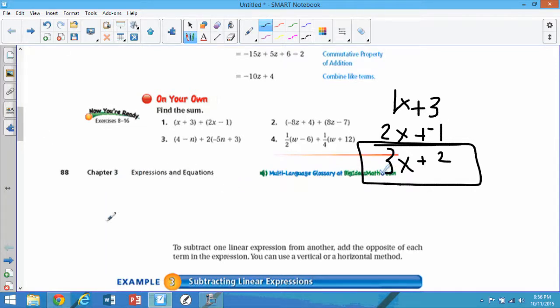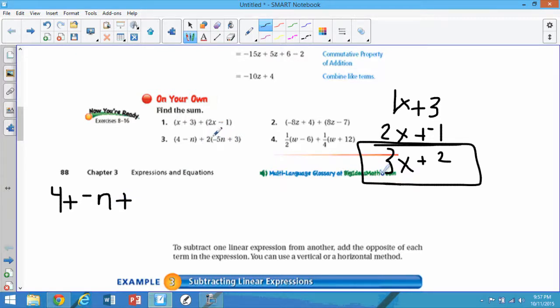Number 3. Number 3 had an extra step in there that you couldn't ignore. You needed to distribute that 2. You can't do anything until you distribute that 2. So what I'm going to do is do this one horizontally. Okay, so it's 4 plus a negative n, because I turned it into plus a negative, plus, then you have to show your distributive step.